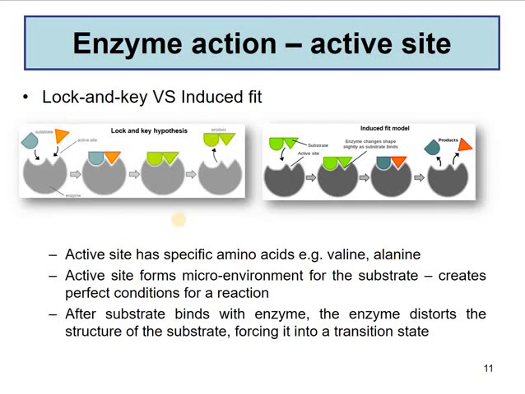The enzyme-substrate complex, the enzyme then distorts the substrate. By distorting it, it's actually stressing the bonds to either align well for anabolism to form, or stressing the bonds for catabolism, for the bonds to actually break. And in that way, it takes them into what we call the transition state.